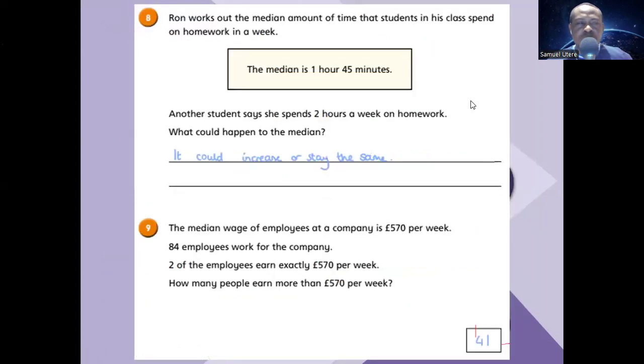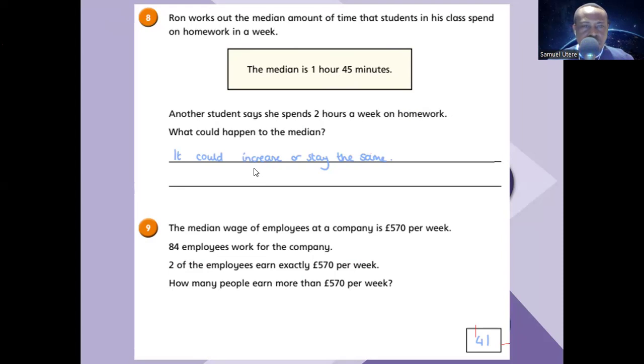For question 8, Ron works out the median amount of time that students in his class spend on homework in a week, and the median is 1 hour 45 minutes. Another student says she spends 2 hours a week on homework. What could happen to the median?